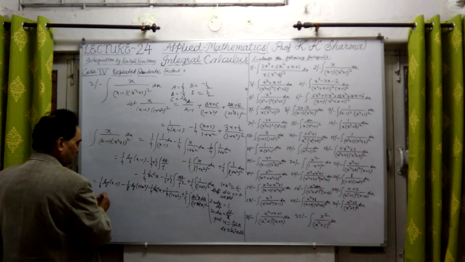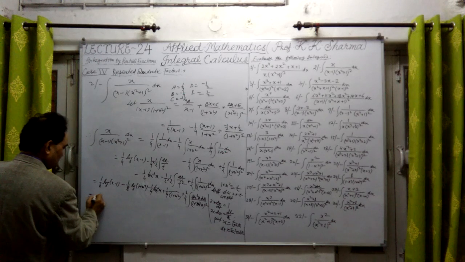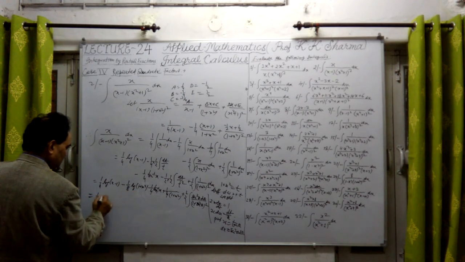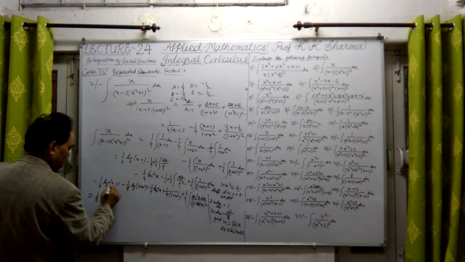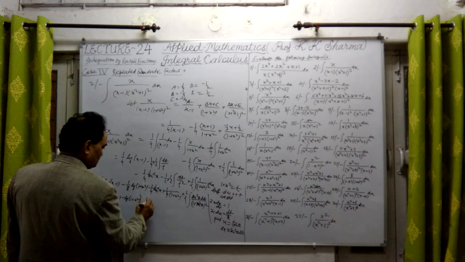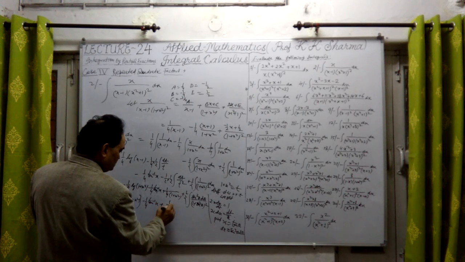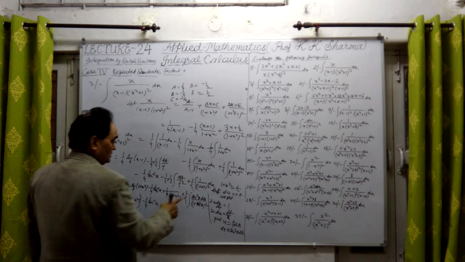All these are integrated. So this one integration will be what? If I take 1.8 common, we get 2 into log of x minus 1 minus log of 1 plus x square. Okay, this is minus 1.4 tan inverse x, and this is plus 1 upon 4 into 1 plus x square is value. What about this?